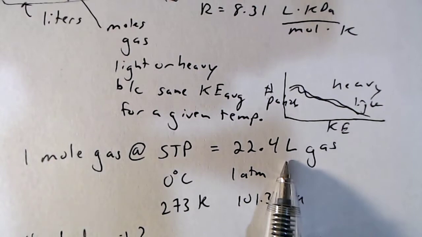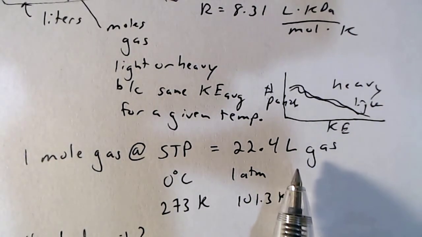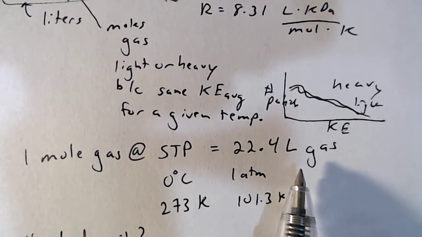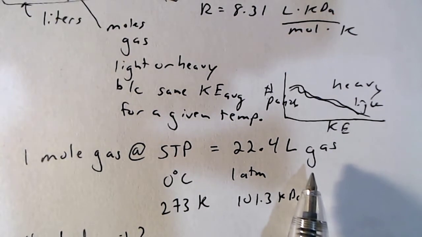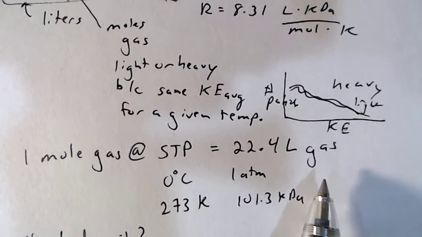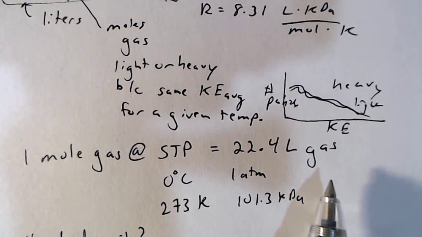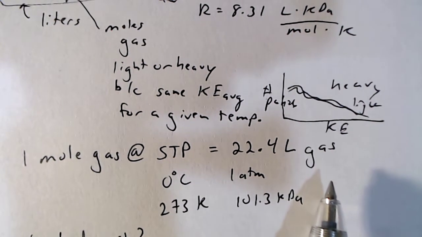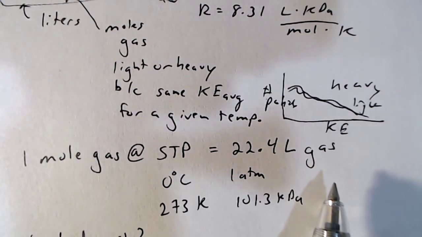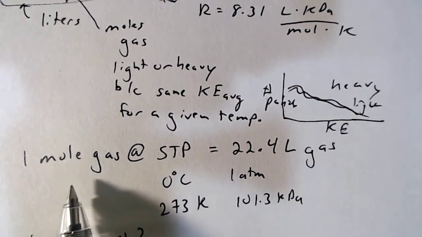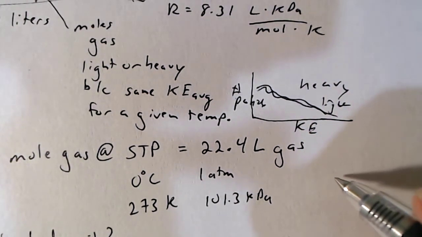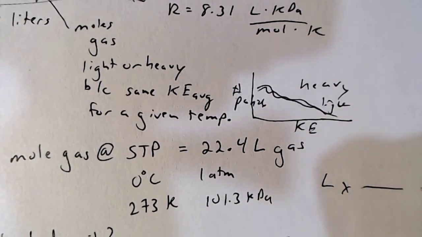You'll see that in the mole map, which I put up on the lesson plans. It allows you to go from liters of gas into moles of gas of one type of gas, and then convert it to another type of gas using the mole-mole ratio. So you can use a unit conversion factor. You can go from liters to moles of gas, knowing that there's 22.4 liters per 1 mole of that gas.